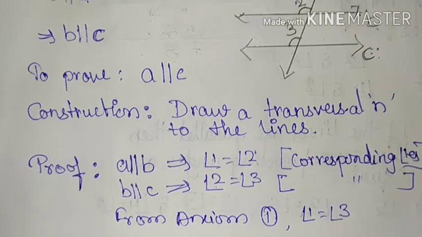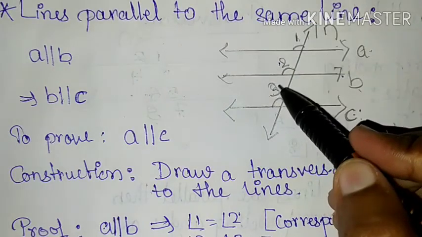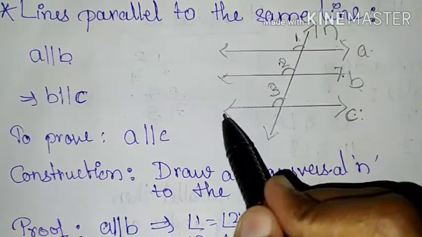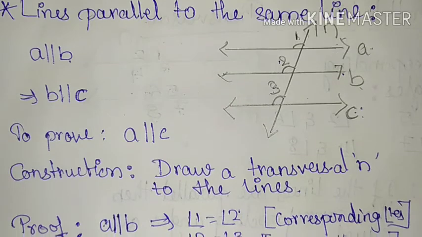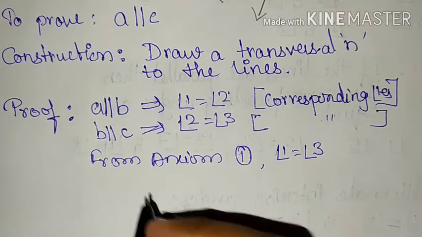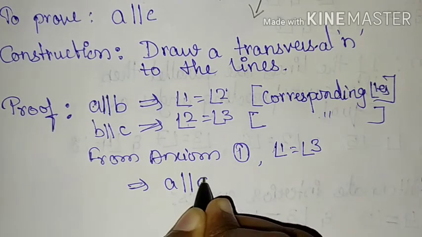Now they are also corresponding angles, right? 1 and 3, they are corresponding angles of line A and C. And from the corresponding angles axiom, which said when the corresponding angles are equal, the lines are parallel, this implies A is parallel to C.